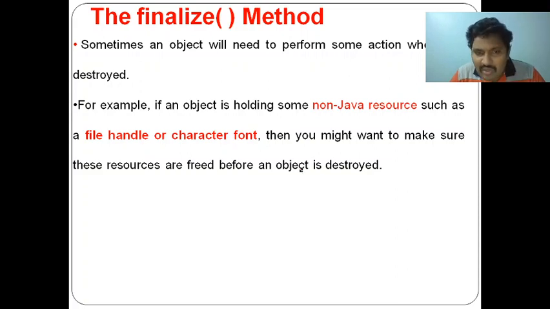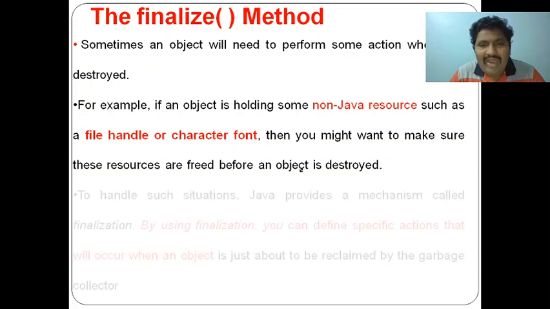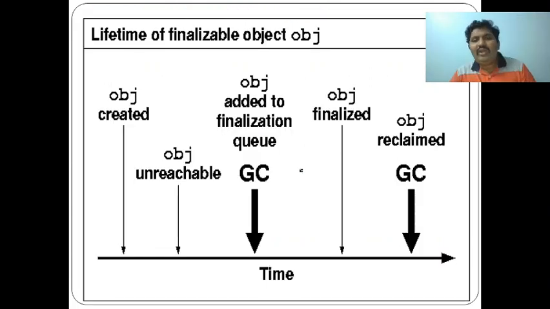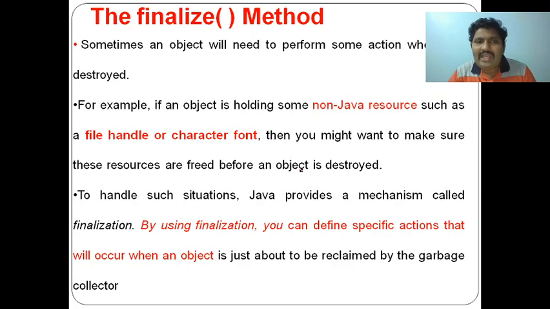Before the object is destroyed, we need to collect some information or perform some finalization actions. To perform those actions, the garbage collector is going to call the finalize method. So before the garbage collector destroys the object, it calls a method called finalize. Within the finalize method, we need to specify the actions we need to perform.